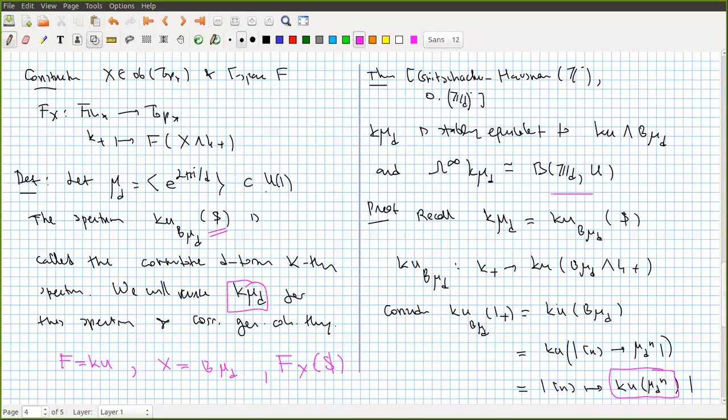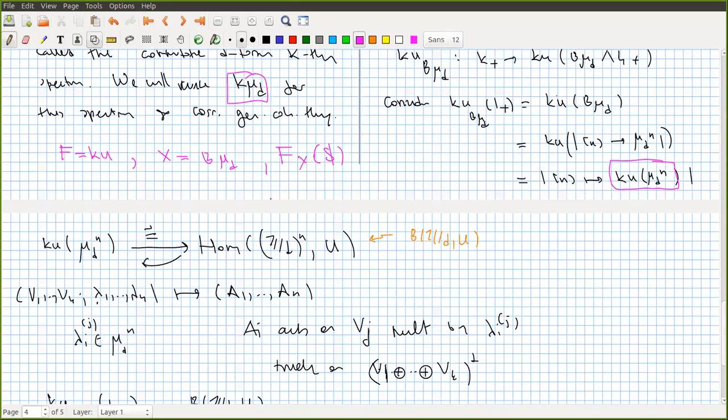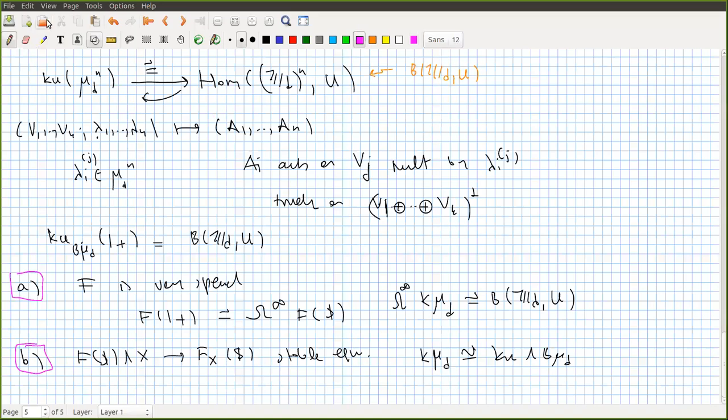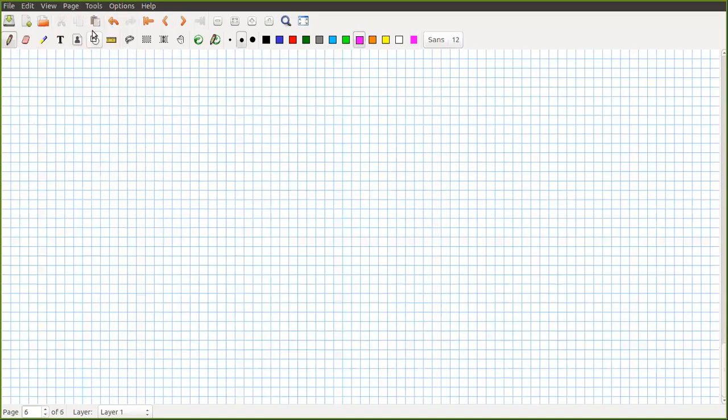So let's see how this affects the homotopy groups of this space. Using this, we can compute the homotopy groups of this space.